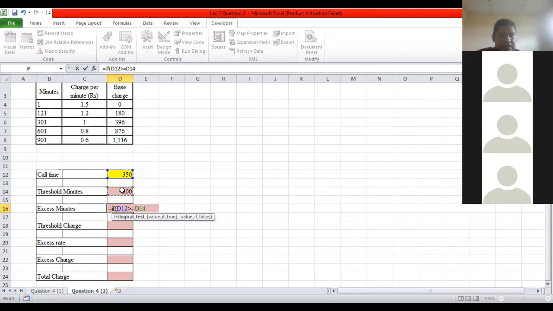If it is greater than that, you can put a comma, then you can deduct the threshold minutes from the call time. Otherwise, it has to be 0. Okay, right. Now you can take the threshold charge. Again, you can use a VLOOKUP function.